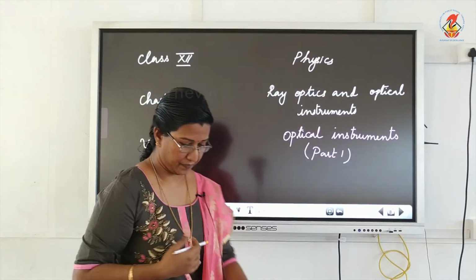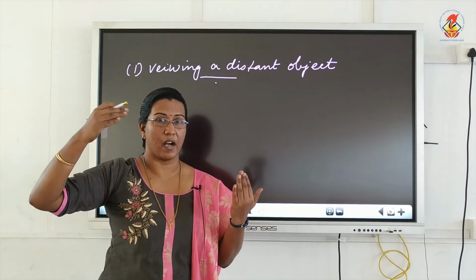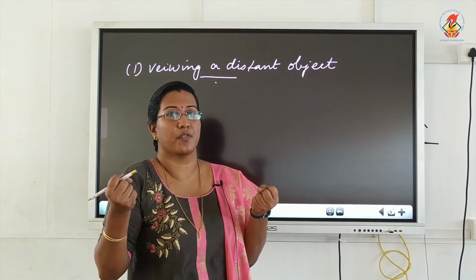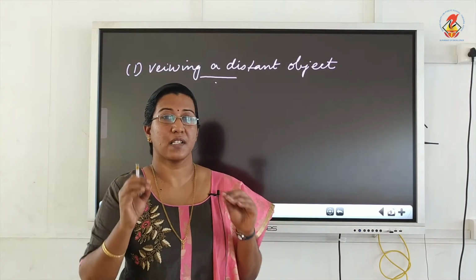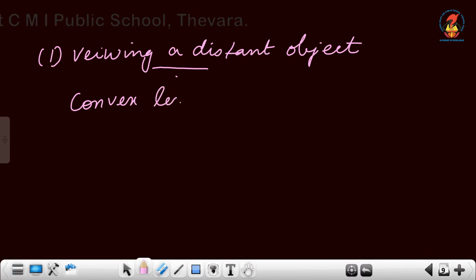First case, viewing a distant object. When we are viewing a distant object, light rays from the object enter our eye. The muscles which control the convex lens, known as the ciliary muscles, will be relaxed. If the ciliary muscles are relaxed, then the convex lens will be thin.